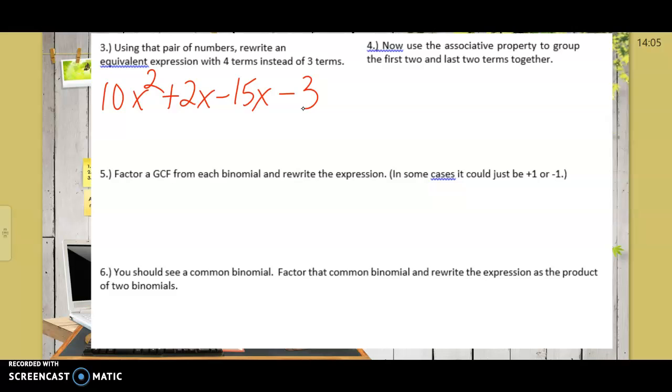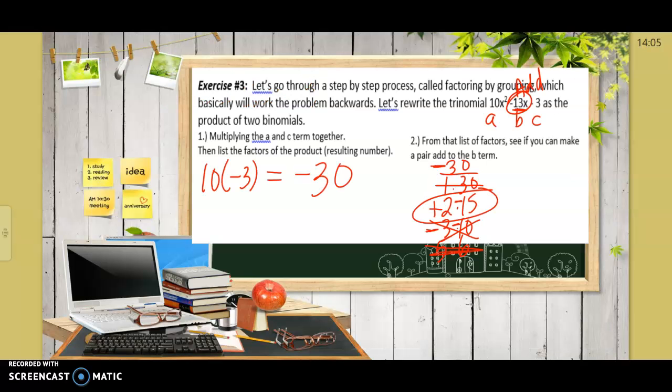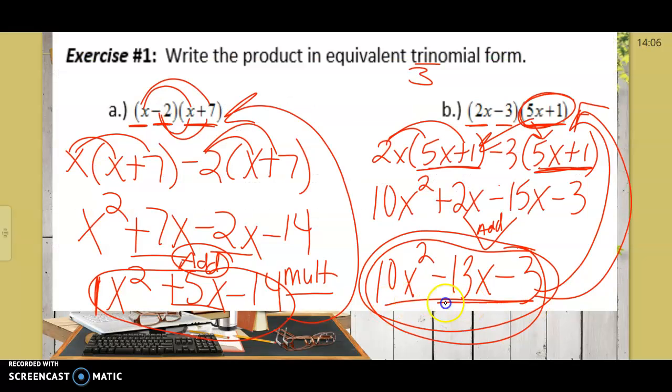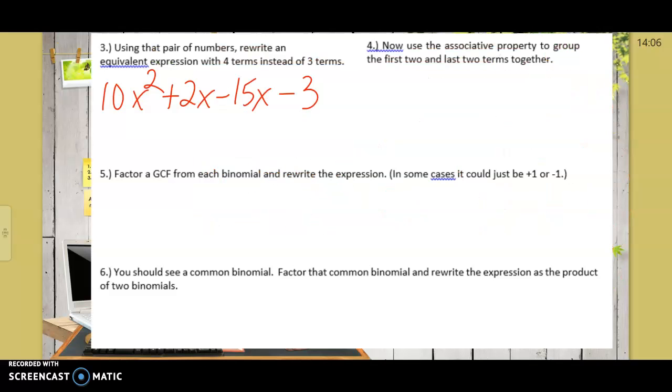So I went from 3 pieces to 4 pieces based on what I knew. And like the very first one we did, we had 3, we went back to 4, and that's because I just figured out how this was added. I realized that it was positive 2 and negative 15. Now, I will say it would be a good idea to put the negative number first, but not going to be a huge deal. Okay, now we use the associative property for a piece of candy.